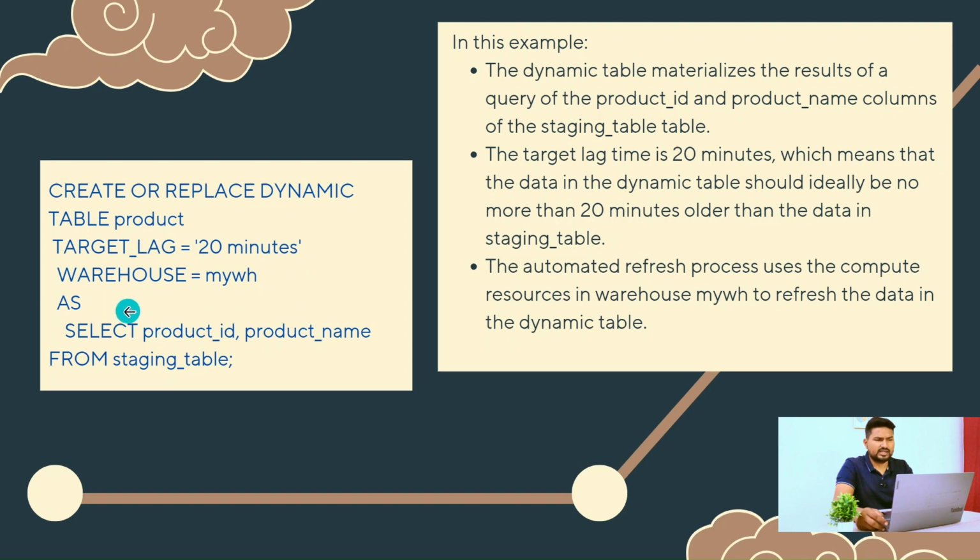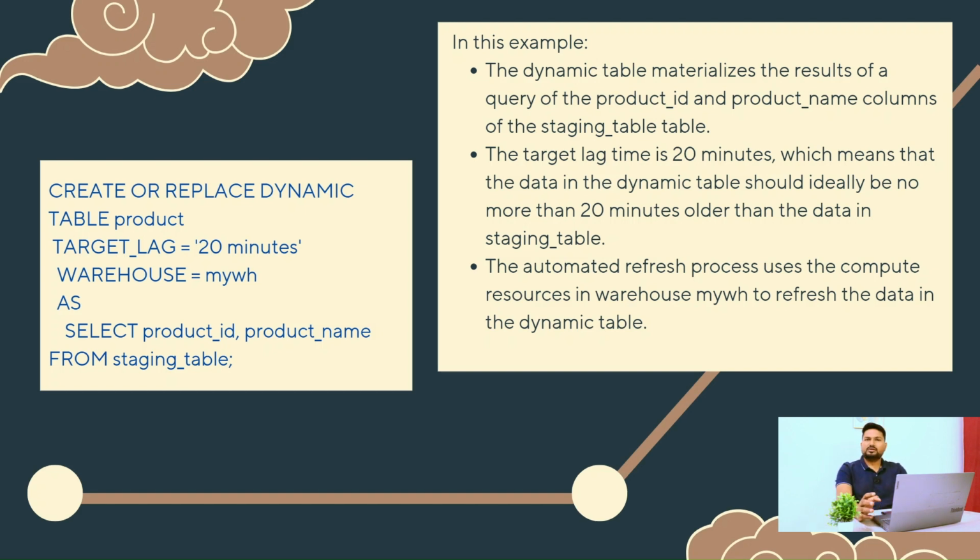We are going to use a compute engine warehouse, my warehouse, and simply, as I said earlier, in the dynamic table we use a simple SQL statement. We don't need to write a complex SQL query or complex SQL statement to copy that data every time the data changes. We just mention what columns we want from our base table.